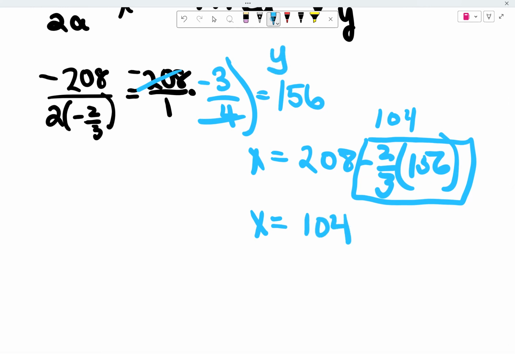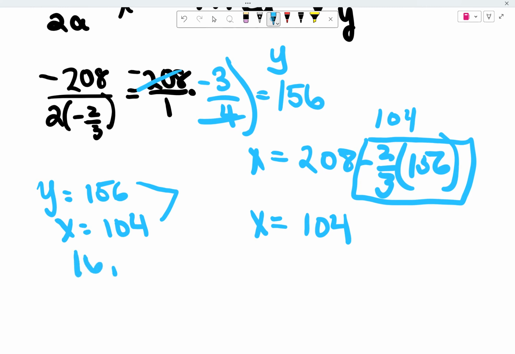Remember, these are Y values. So my Y is 156, my X is 104, and this product will be my maximum area. If you multiply those together, you get 16,224 square feet.